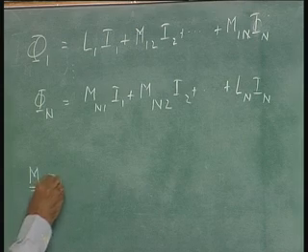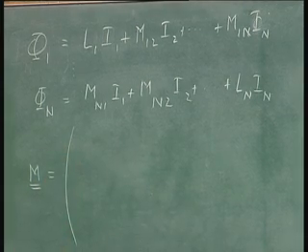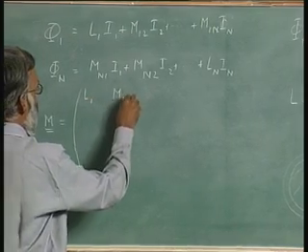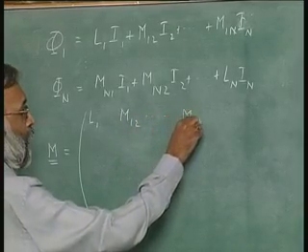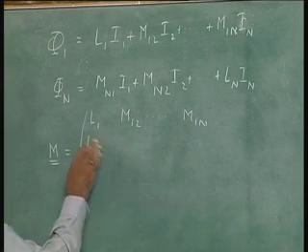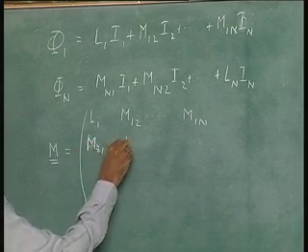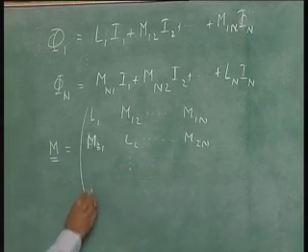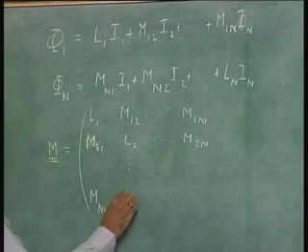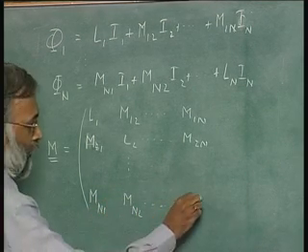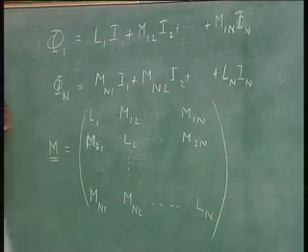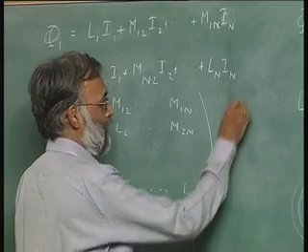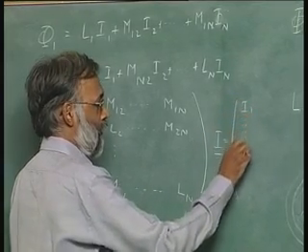It's nothing universal, but it's my notation. L1, M12 up to M1N, M21, L2, M2N, so on up to Mn1, Mn2 up to Ln. So, it's a matrix, and I have a current vector I, which is I1 up to In.